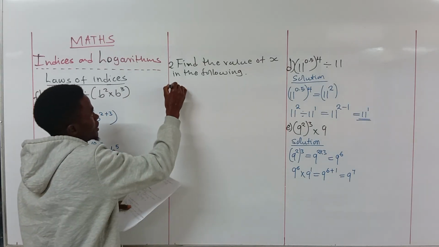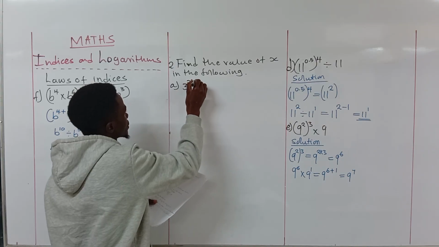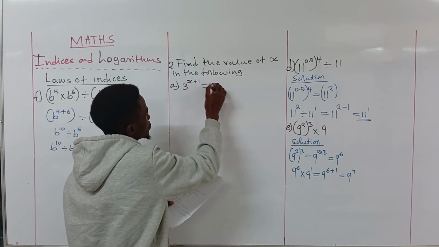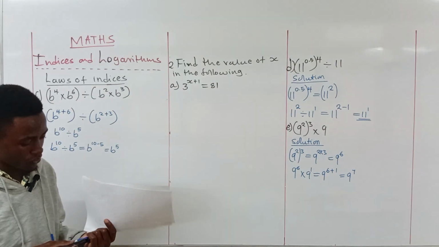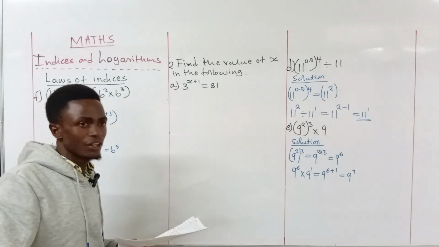So the following, you have a number of them. So the first one is 3 raised to power x plus 1 is equals to 81. So here we are just supposed to find the value of x.